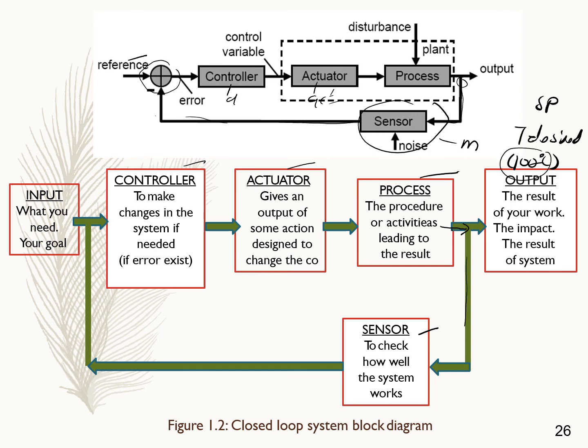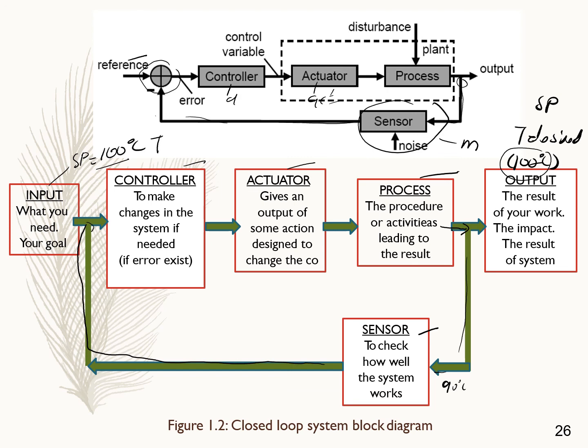If not achieved, if the temperature is around 90 degrees Celsius, then we will send the information to the controller. So the input here is the set point that we set. This means we want 100 degrees Celsius, right? So what you need is a temperature of 100 degrees Celsius.